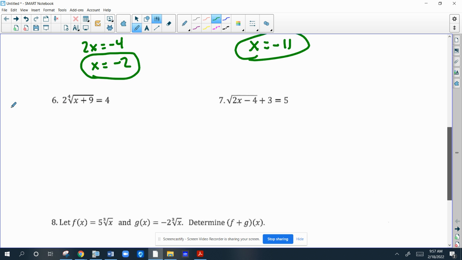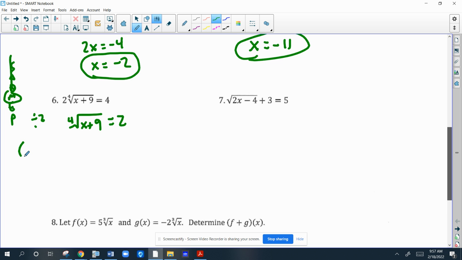But it's a lot easier to get rid of that 2 first. And you should, because that's 2 times the root. So you want to take care of that multiplication first by dividing it. So divide by 2. It makes this problem really, really easy. 4 divided by 2 is 2.